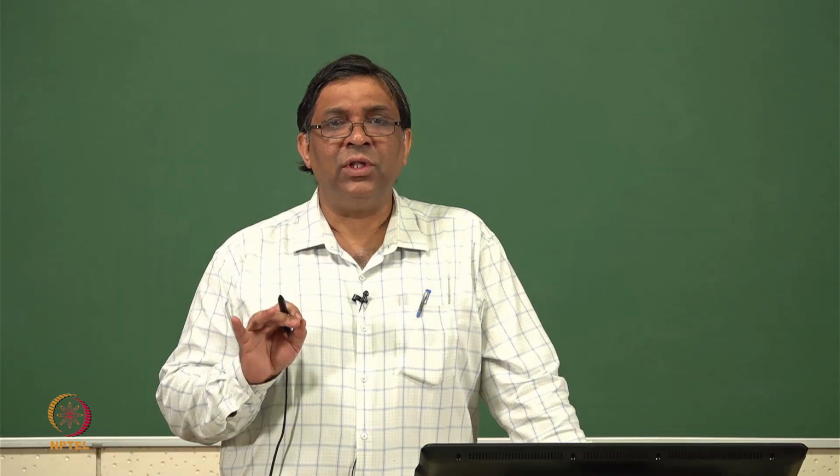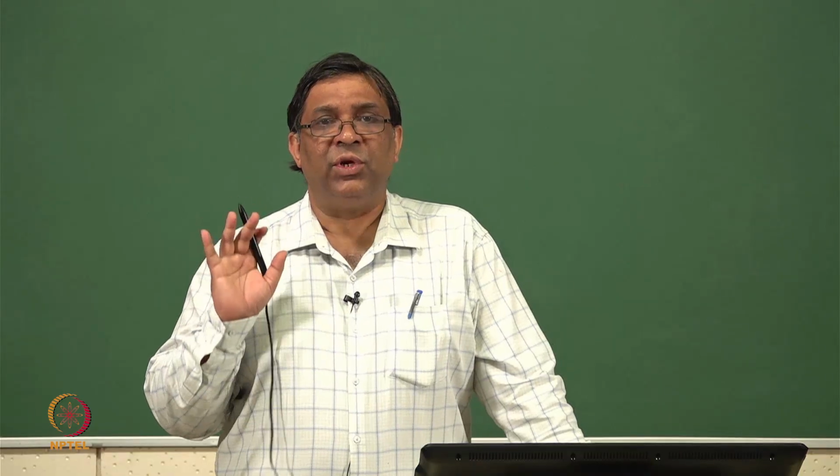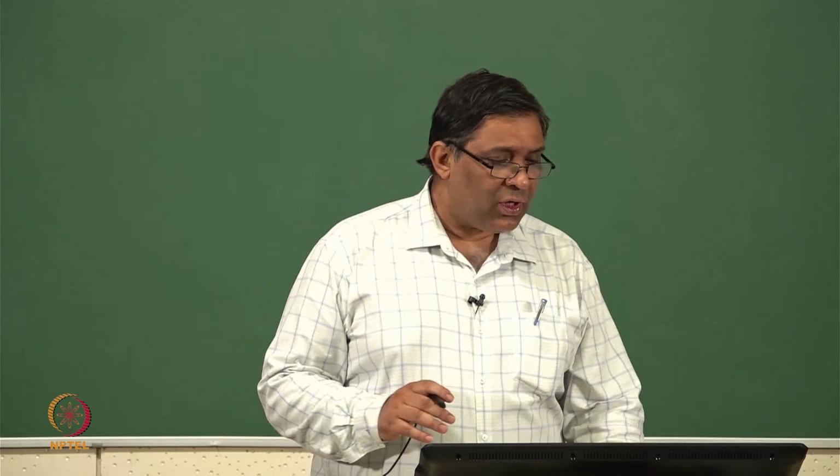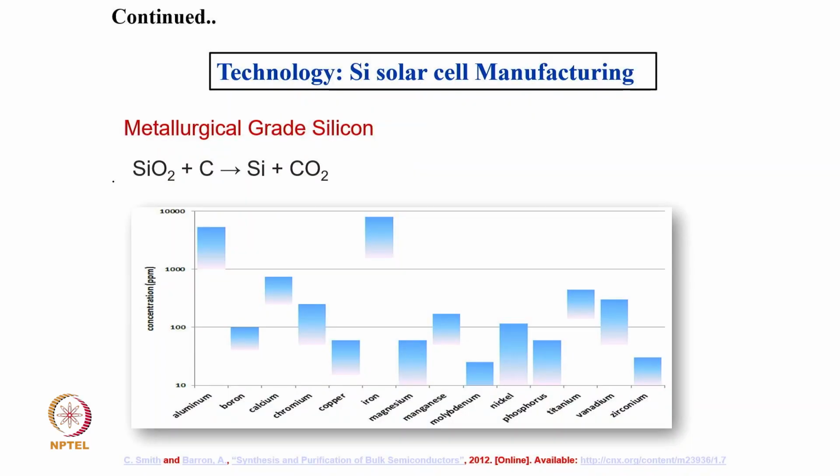You begin with this raw material. So how do you produce this? You do some kind of carbonization, and then you produce metallurgical grade silicon, and carbon dioxide is produced in this reaction.